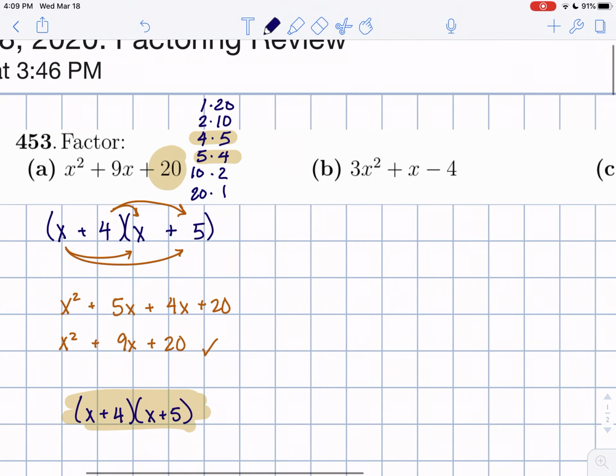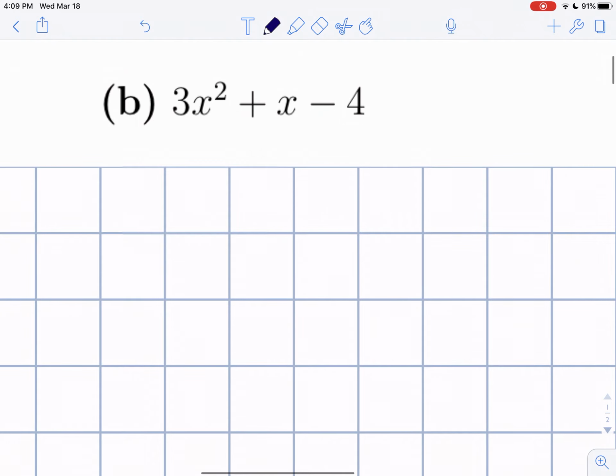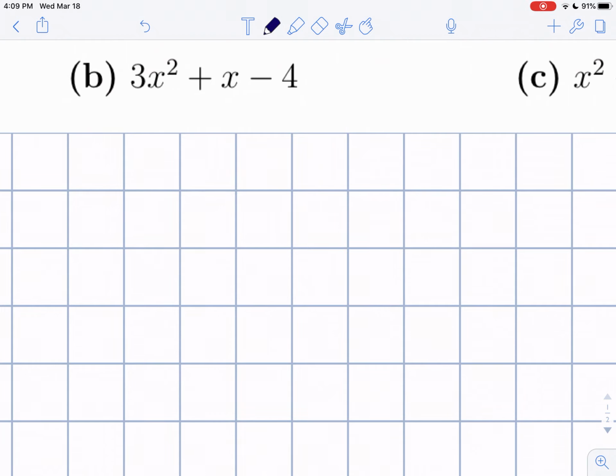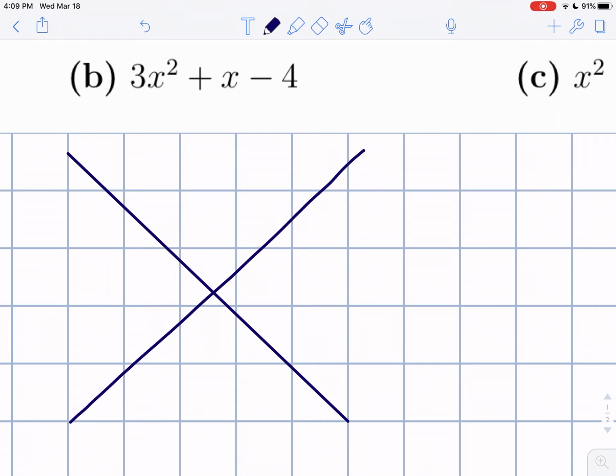The other way with a harder problem that we've talked about is using that X method, and then factoring by parts. So I'll set up the X box here. And then this is A times C, and this is the B value.